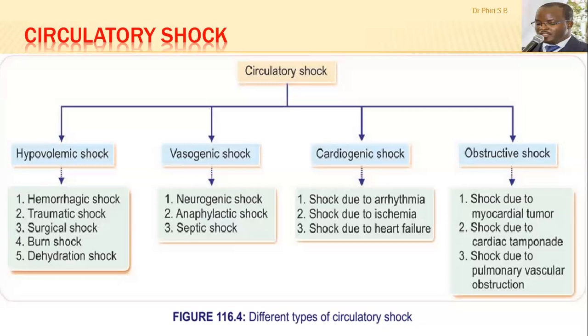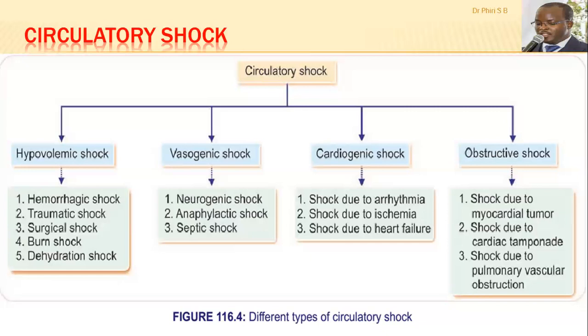Then you can also have shock due to pulmonary vascular obstruction. It could be the pulmonary arteries where you have embolism, or pulmonary embolism. That emboli can obstruct or occlude blood vessels, and then the movement of blood can be compromised. Then you can have accumulation of blood within maybe the right atrium that is not moving to the left atrium.